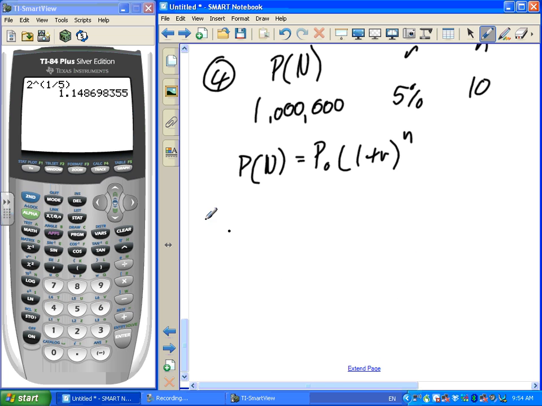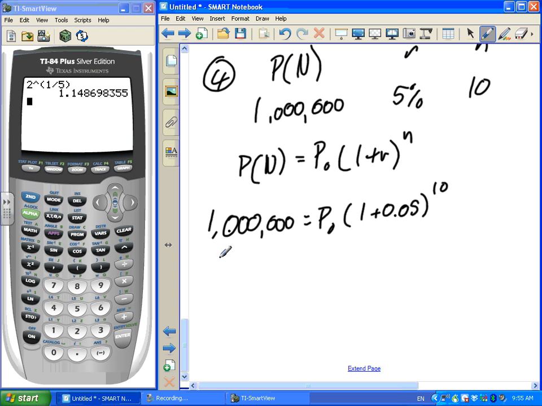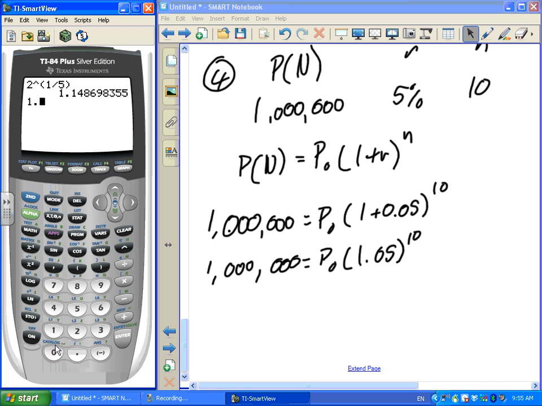Plug in 1 million for our P at N. P at O is what we're looking for. Growth rate of 5% is 0.05, to the power of 10. So I get 1 million equals P at O times 1.05 to the power of 10. 1.05 to the power of 10 equals 1.62889.